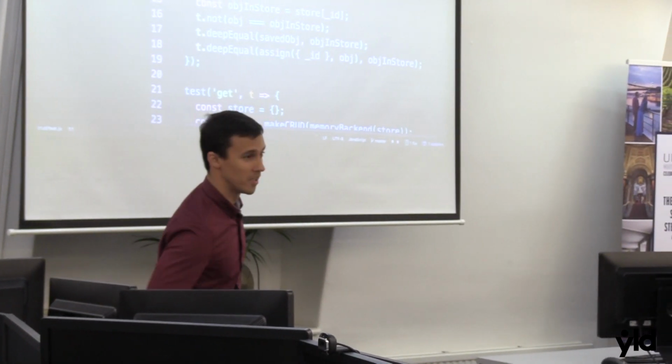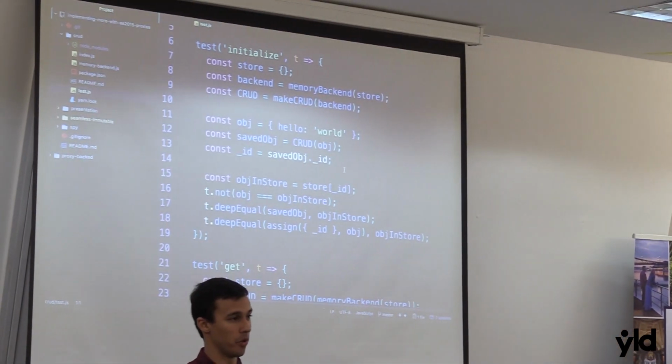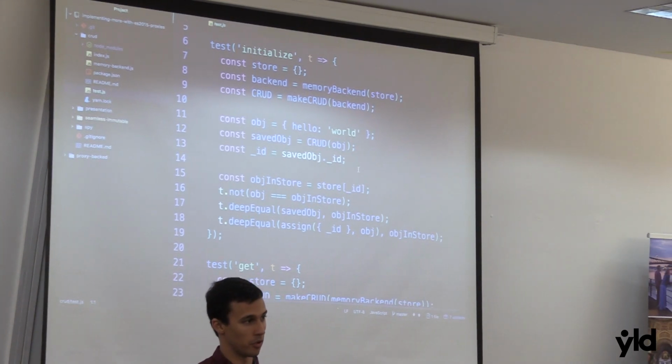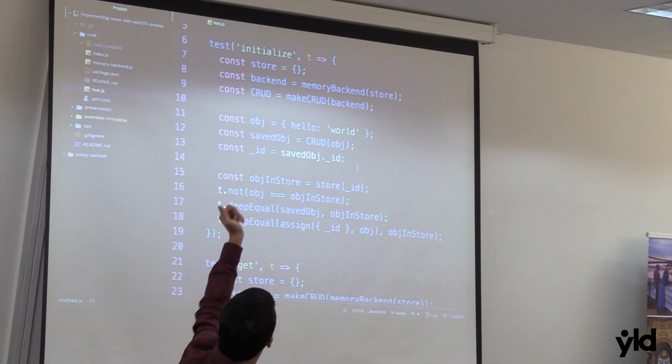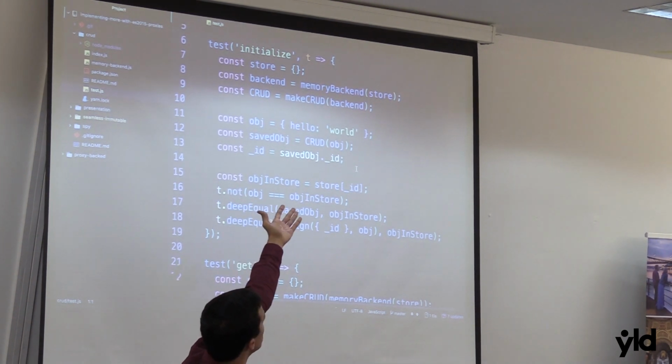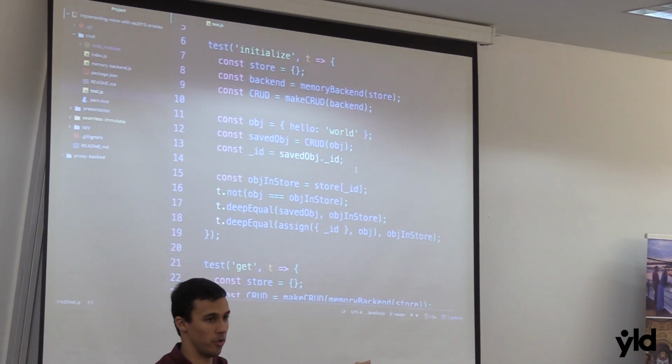Initializing this object. You start with a store that, as I said, is a pointer to an object in your Node.js application. So I'm creating an empty store here. Then my backend is the memory backend, and I pass the pointer to the object here.